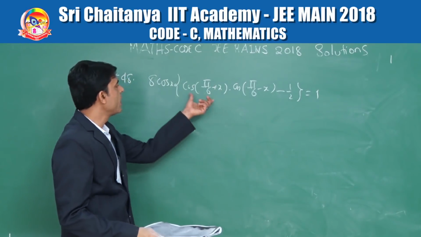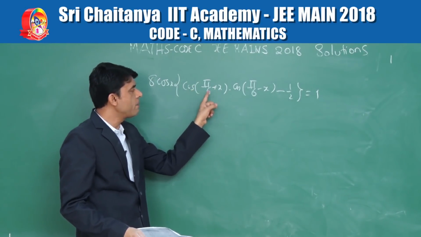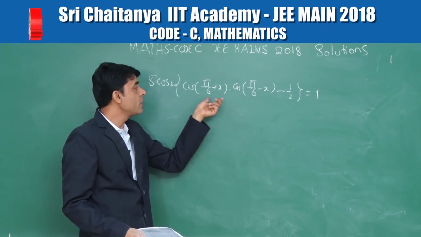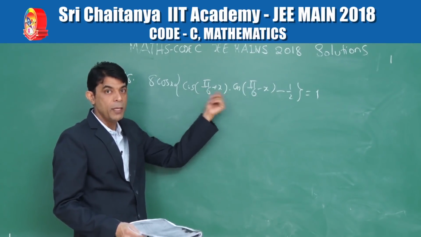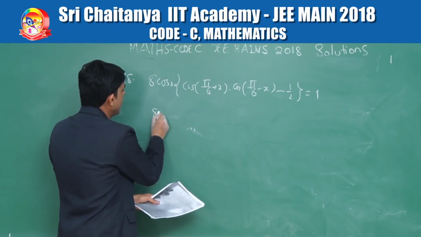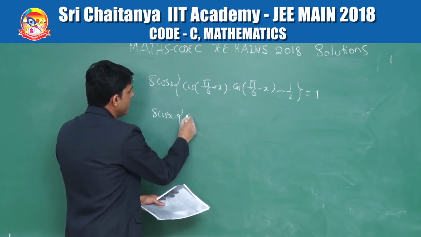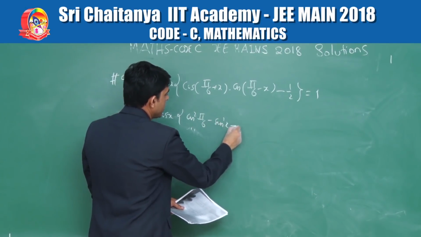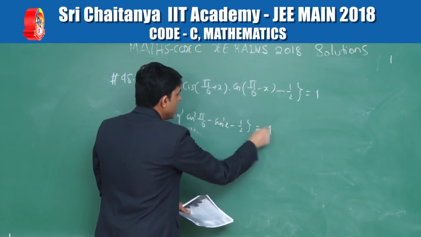Let's try to simplify that. This is cos of a plus b into cos of a minus b, and that equals cos square a minus sin square b. So it takes the form 8 cos x into cos square pi over 6 minus sin square x minus half is 1.